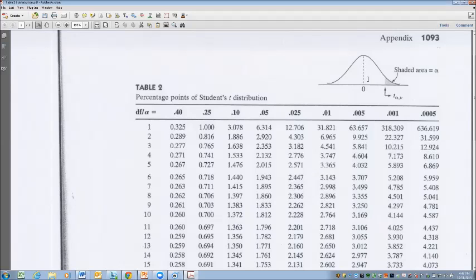Rather than doing a lot of tables, we're going to do a single table that gives us the information that's most often used from the t-distribution. With the normal curve, we had problems where we looked up a z-score to come up with a percentile.